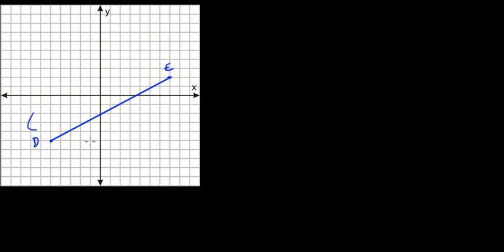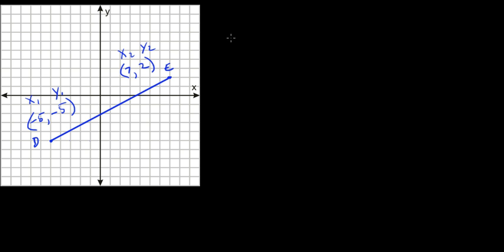D is 1, 2, 3, 4, 5, -5, and 1, 2, 3, 4, 5, -5. So that works out kind of cool. And E is 1, 2, 3, 4, 5, 6, 7, comma, and 2. So those are x1, y1, x2, y2.